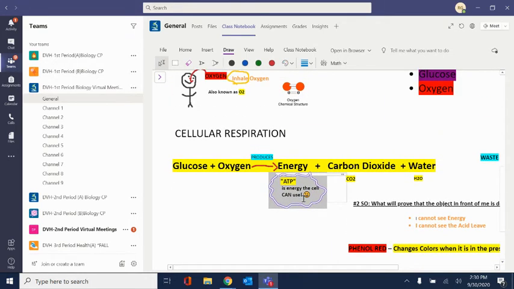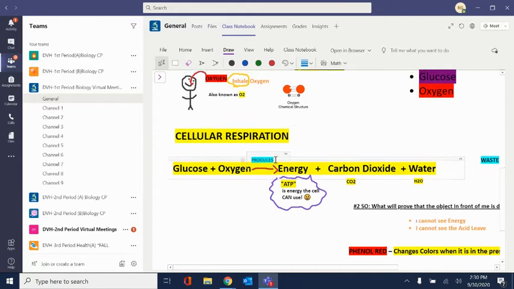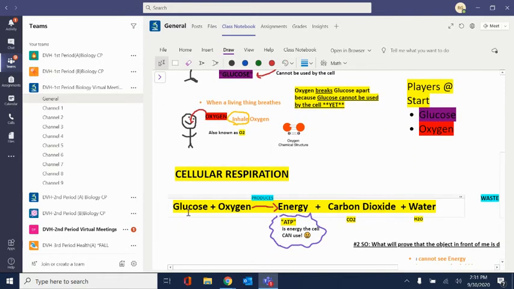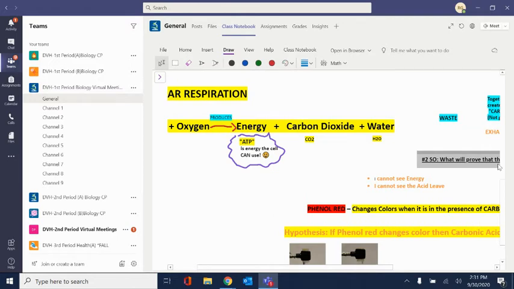So this whole process is called cellular respiration. It's the process of taking glucose and oxygen to produce usable energy called ATP. It also produces carbon dioxide and water. The only problem with that is that carbon dioxide and water are actually waste, and they're not very good for our body together.